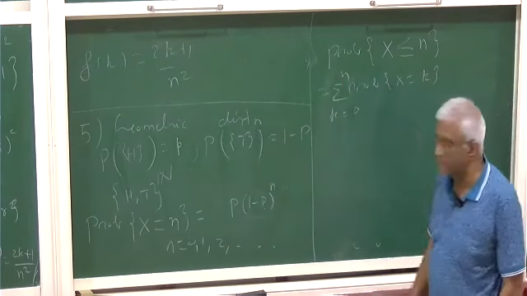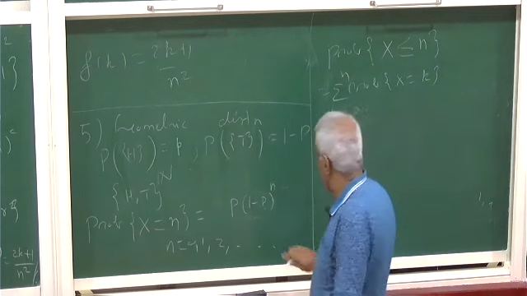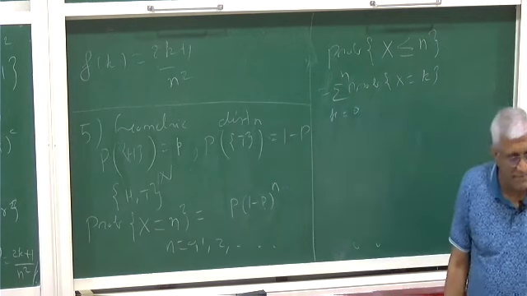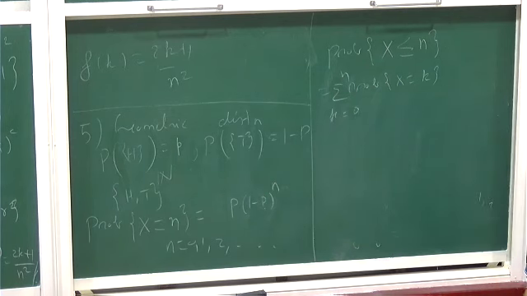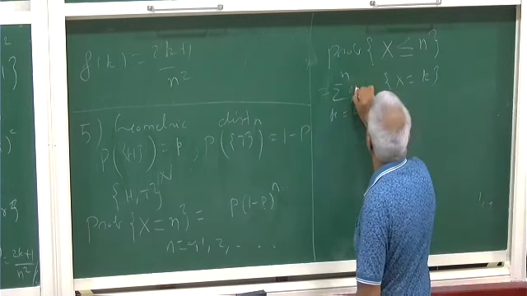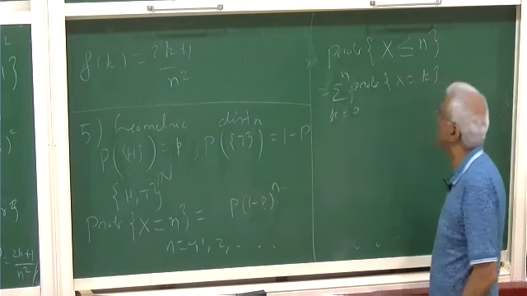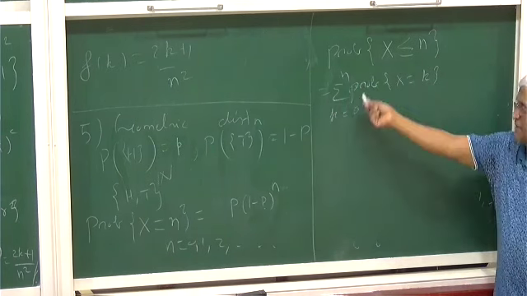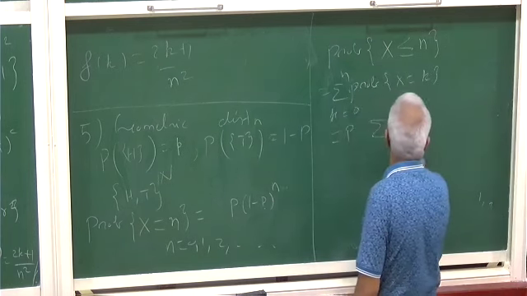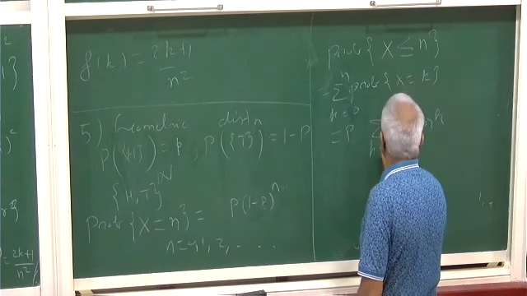Let's call it n, starting from 0, so that I don't get confused again. Okay. So the probability of x less than or equal to n is the summation of all these things, right? Which is just p times the summation of (1 minus p) power k, k equal to 0 to n.